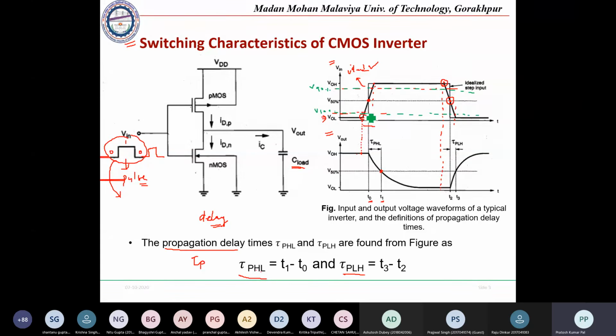So this time will be considered as the rise time. Similarly, this time is considered as the fall time. So this is your T rise and this is your T fall.